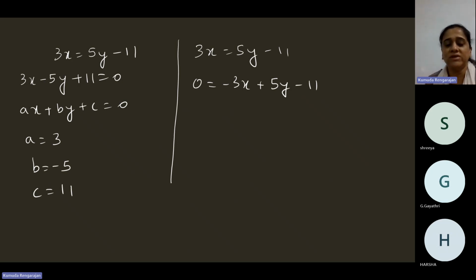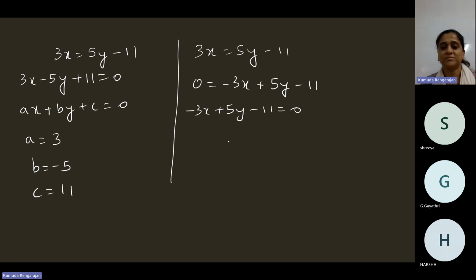Here we have 0 on one side and x, y, and the constant on the other side. We've transposed 3x to the RHS. So this is nothing but minus 3x plus 5y minus 11 is equal to 0.